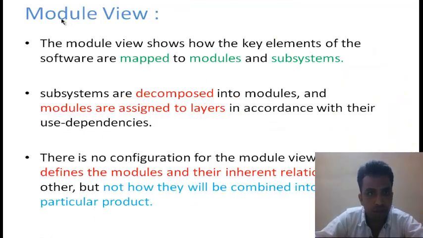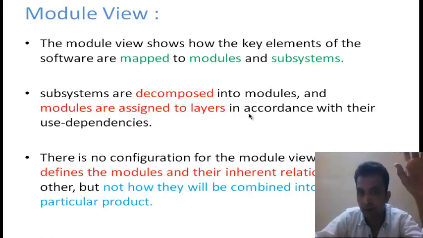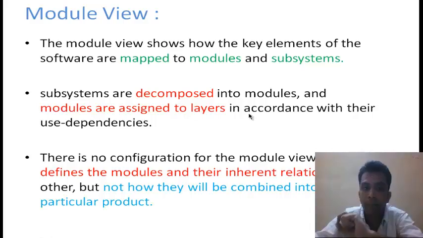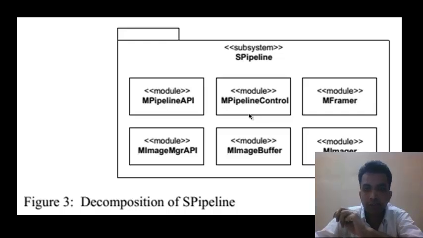Now here is the module view. First, it shows how the key elements of the software are mapped to modules and subsystems. The second point is very important in the module view: subsystems are first decomposed into modules, and after decomposing, modules are assigned to layers in accordance with their use dependencies. See the decomposition of the S pipeline.